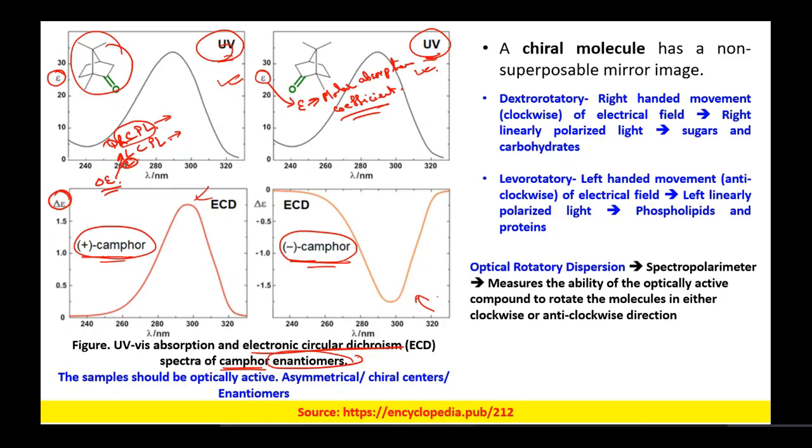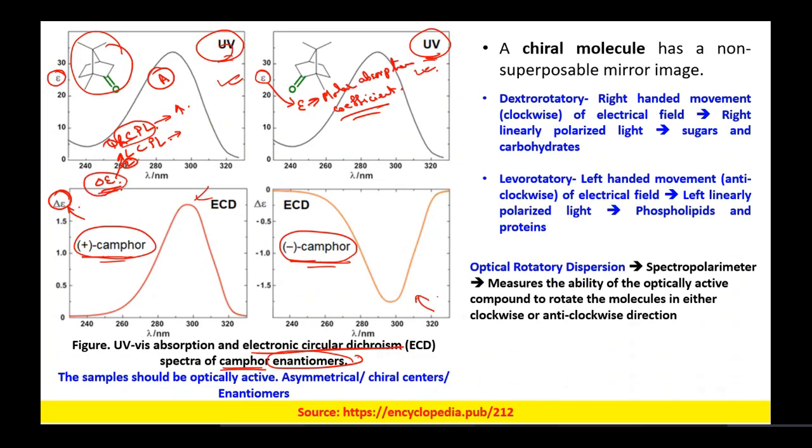So in say sample A, if it has an enantiomer, it may absorb RCPL higher as compared to the LCPL or vice versa. Due to this differential absorption, we are looking at the delta epsilon.